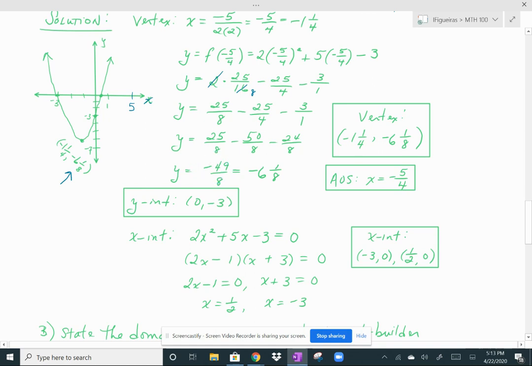So my range goes from negative 49/8 all the way to infinity, again, because this graph is increasing forever and ever, both on the left side and on the right side of that vertex. It continues on forever.